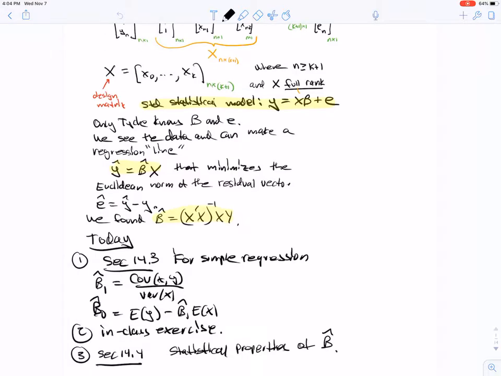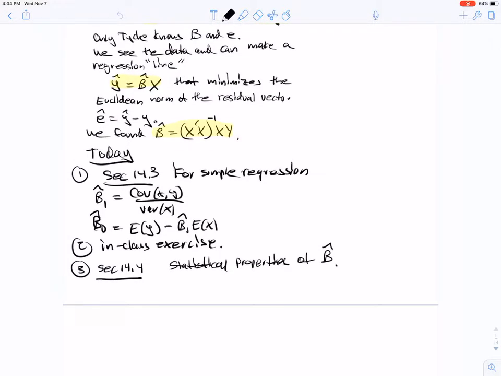And today we're going to cover 14.3. For simple regression, we're going to show that beta 1 hat is the covariance of x and y over the variance of x, and beta 0 hat is the expectation of y minus beta 1 hat times the expectation of x.